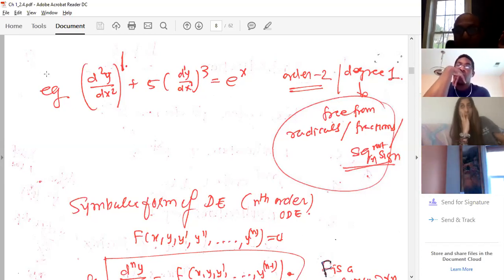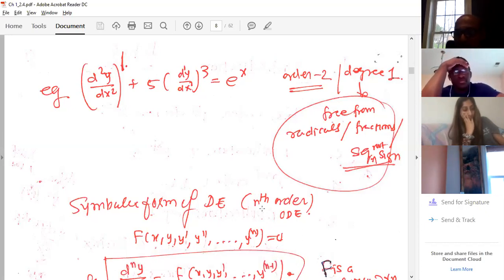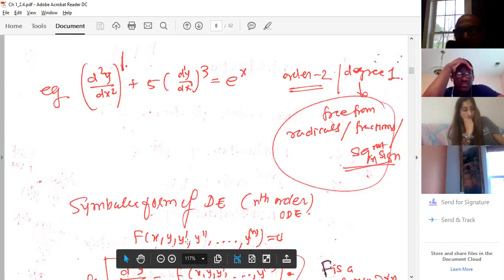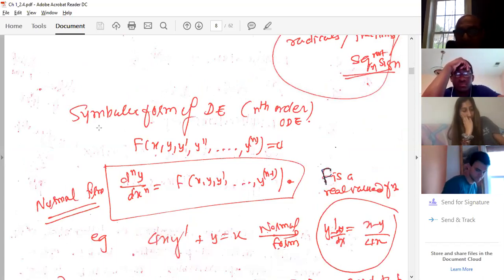Now, the second part is the symbolical form of a differential equation. Now, we are just talking about a general nth order differential equation, where n is a positive integer, 1, 2, 3, 4, 5, 6, 7, whatever it may be. An nth order differential equation is denoted as f of x, y, y dash, y double dash, y triple dash, up to y to the power n, equal to 0. This is called the symbolical form.